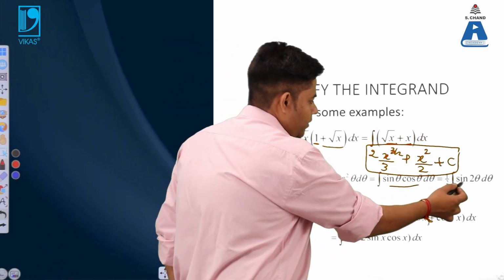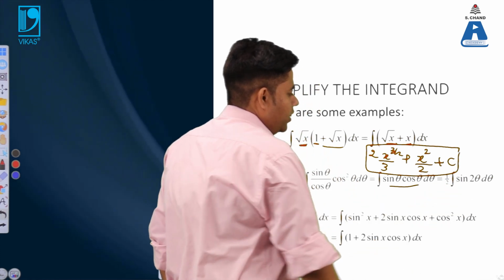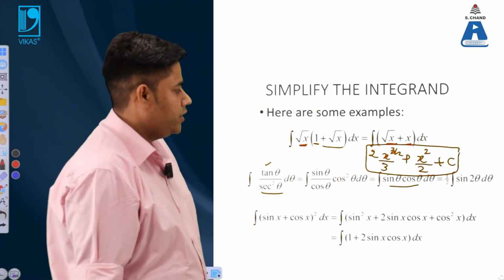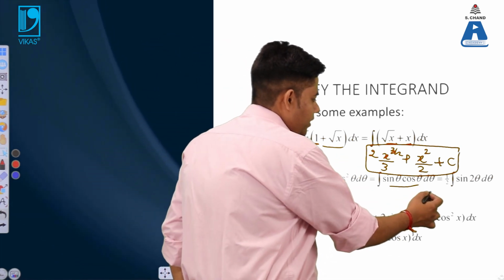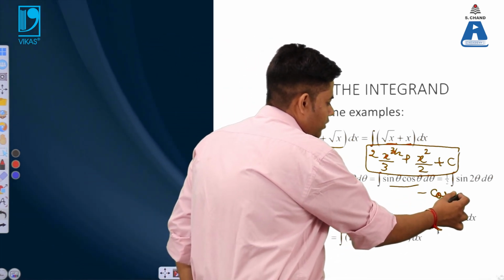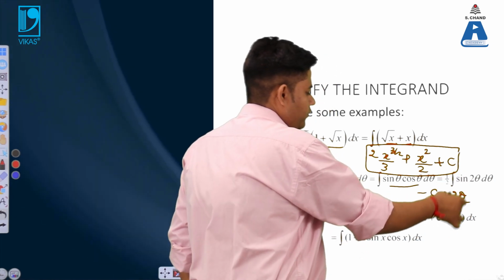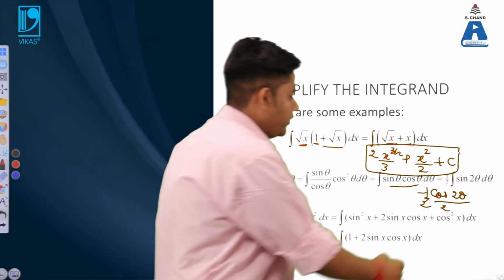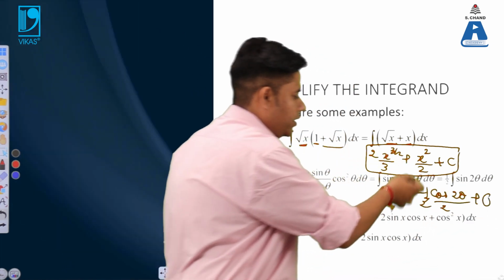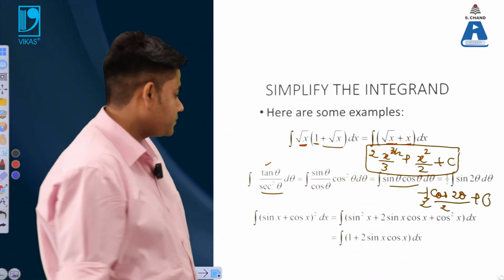So half is to be multiplied, and the integral of sine 2 theta comes into the picture. We know that the integral of sine is minus cos 2 theta over 2 as per the chain rule for integrals, and then half is already there. So this would be the final answer after breaking it into a simpler form.